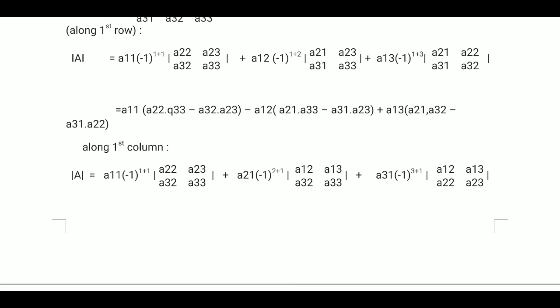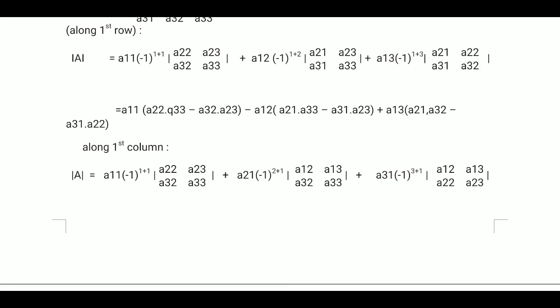Next we are finding along the column. So in the column the second element will be A21, minus 1 power 2 plus 1 and determinant A12, A13, A32, A33, plus the third row and first column element, that is A31 into minus 1 power 3 plus 1 and A12, A13, A22, A23.